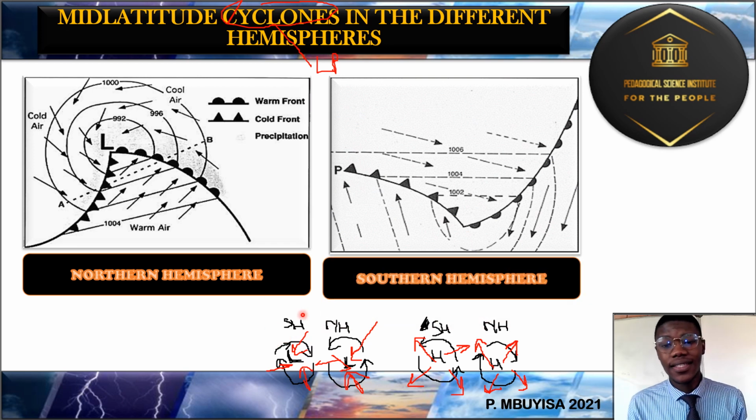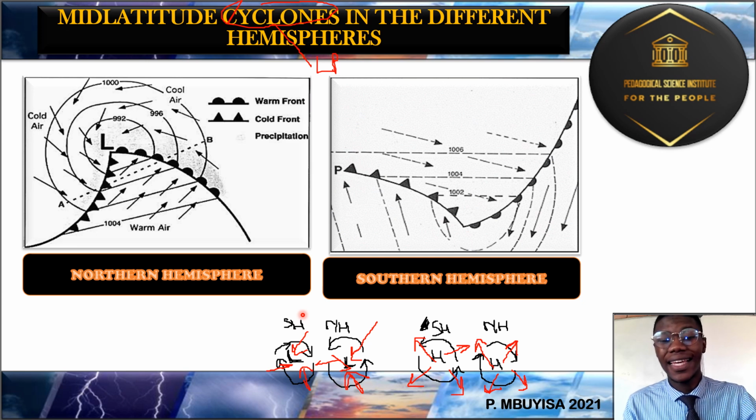So that's just something you need to remember. They may give you such diagrams in the exam and ask you in which hemisphere the system is. Just think about the general circulation of the air into that particular system and use that to determine whether it's in the northern hemisphere or southern hemisphere.